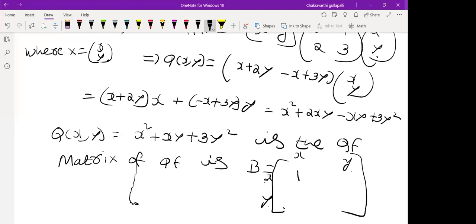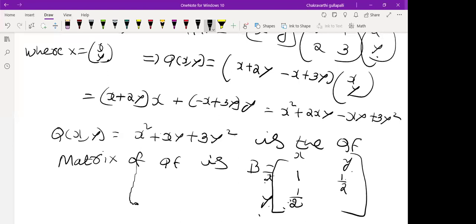Then xy and yx, these two should be equal, since it should be symmetric. These two are nothing but the coefficients of xy, yx. The coefficient of xy is 1, and this coefficient of xy you have to divide by 2. So here you will get 1 by 2, and here you will get 1 by 2. This is a must, because it has to be symmetric.